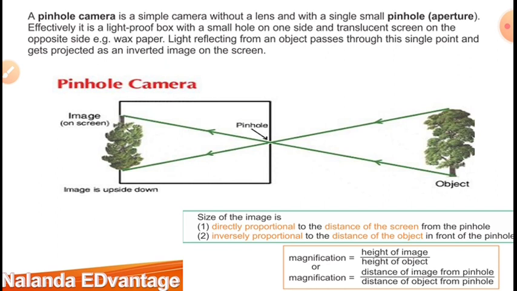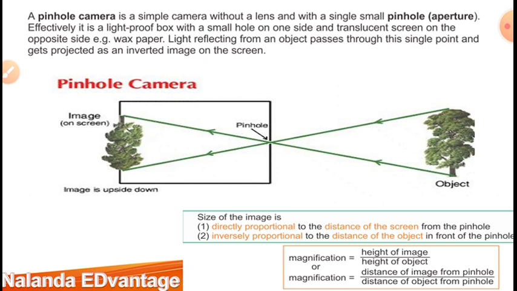Now, an important application of light rays traveling in a straight line. Do you know you can make a camera with very few things at your home? Just a cardboard or a translucent screen, and voila, you have your camera with you, right? So let's see what a pinhole camera is and what is the function of it. Now, a pinhole camera, as the name suggests, is a box with a minute pinhole, right?